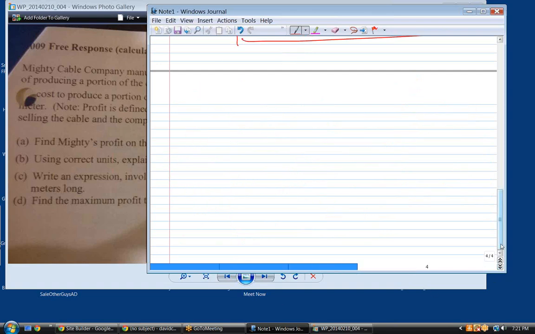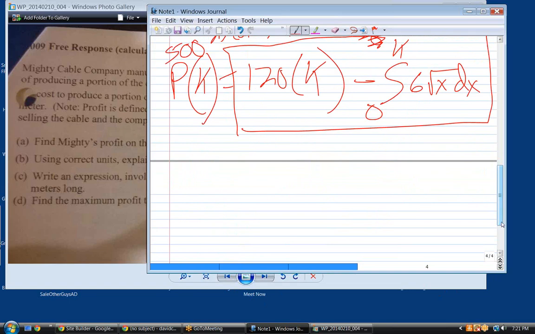Well, so we try to find P prime of K? Yeah. Well, what is it equal to? What's the derivative of 120 times K? 120.